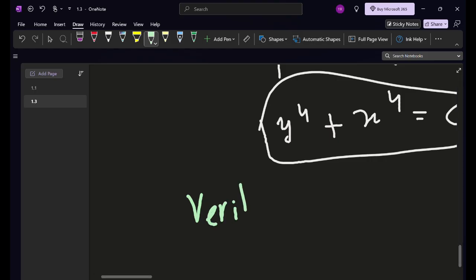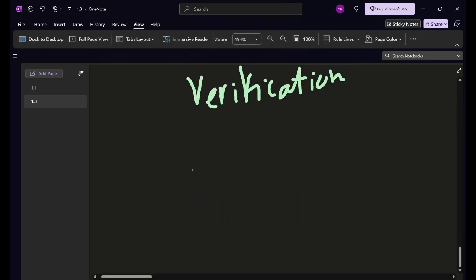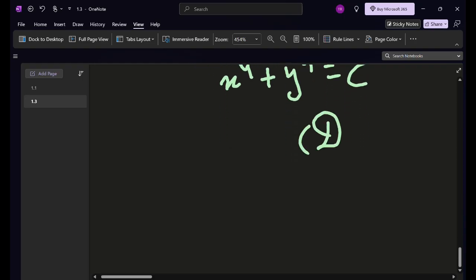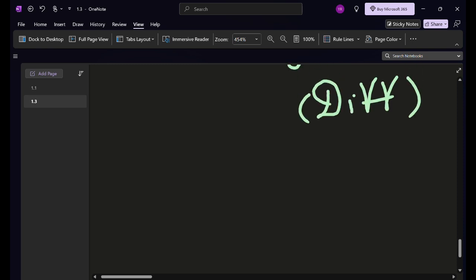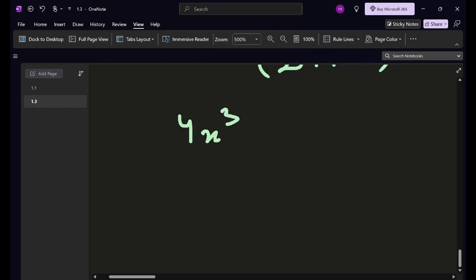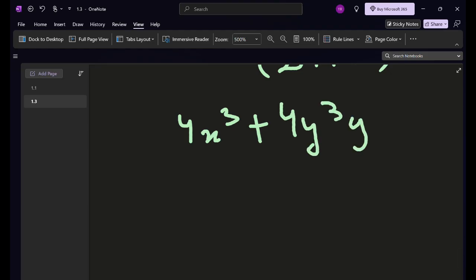So the verification part: x to the power 4 plus y to the power 4 is equal to c. We're gonna differentiate it, and this can be written as 4x cube plus 4y cube y dash.